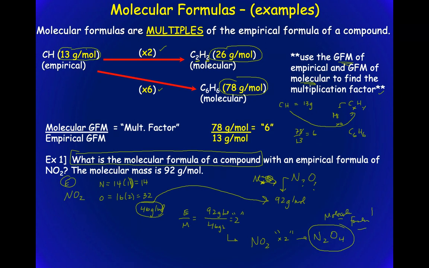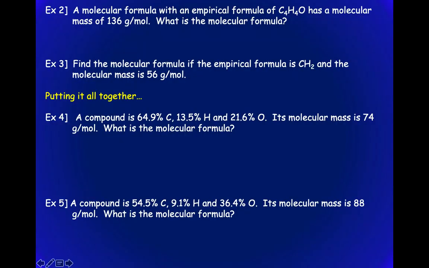Then if we go to the next page, again, this is a way you could do this. Same way you do it in example 2, and the same way you do it in example 3 here. Same idea.